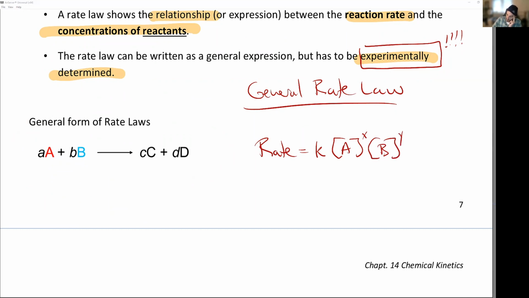A couple of things about this. I'm not going to bury the lead: these exponents are called the reaction orders, and the k is going to be our rate constant. All of these have got to be determined experimentally.